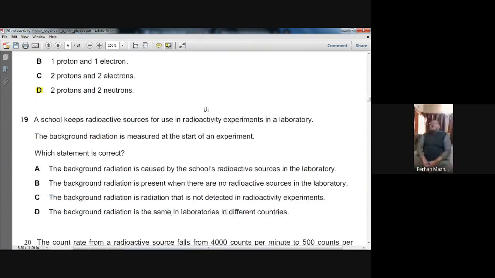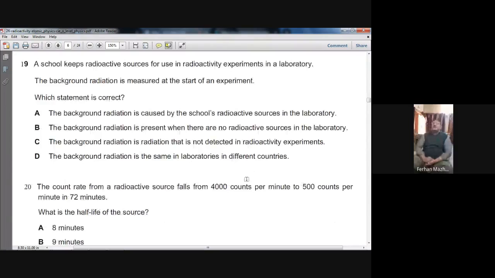A schoolkeeper keeps radioactive sources for use in the radioactivity experiment in a laboratory. The background radiation is measured at the start of an experiment. Which statement is correct? The background radiation is caused by the school's radioactive source in the laboratory? No. Background radiation is due to natural sources and it is always present around us. The background radiation is present when there are no radioactive sources in the laboratory. That is true.